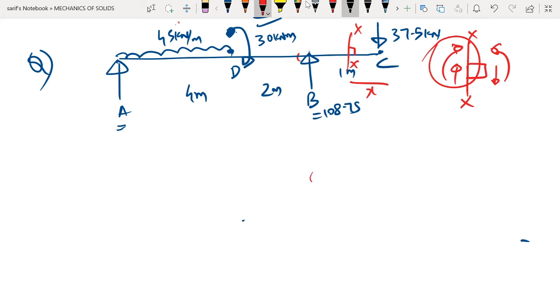So if we zoom out, these would be the positive directions of shear force and bending moment. So this would be the force 37.5 kilonewton and the distance x.